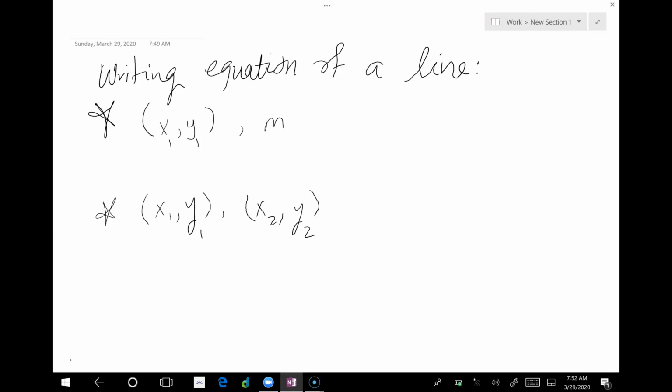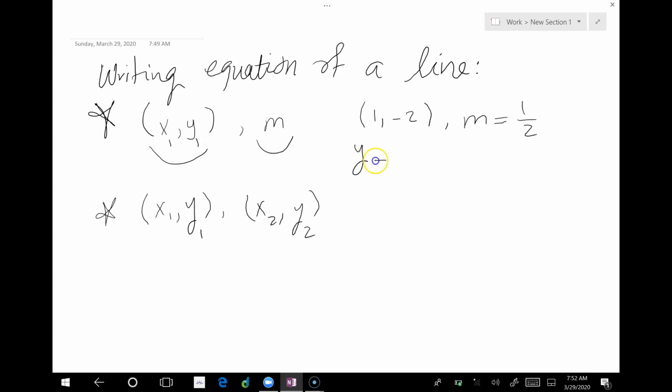One is a case where you have a point like x1, y1, and you have the slope m. So an example of that would be when you have a point and the slope is given, let's say slope is 1/2, and you're asked to write equation of a line.